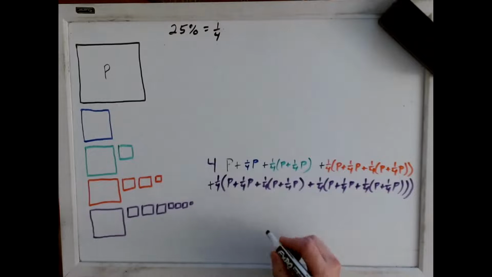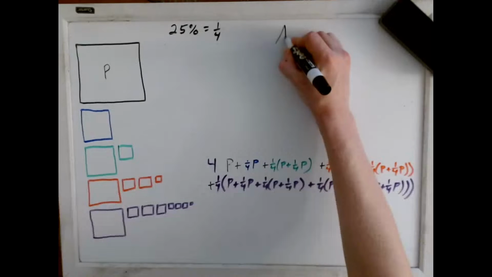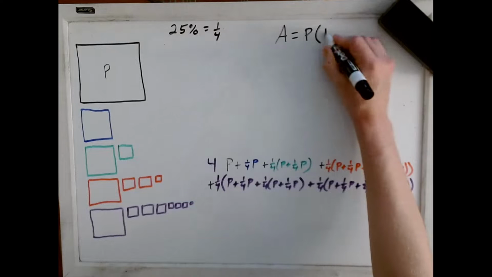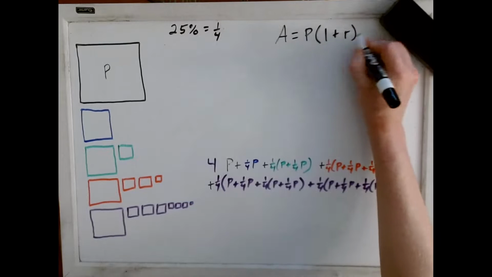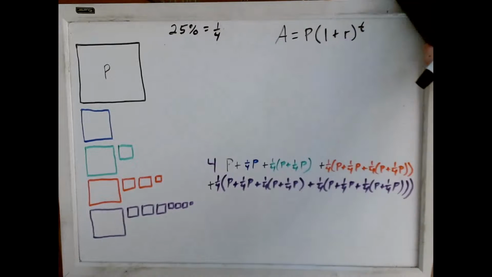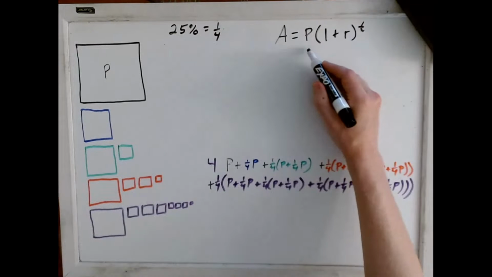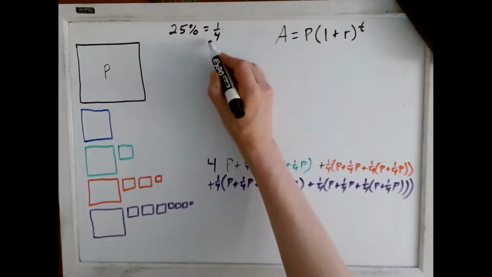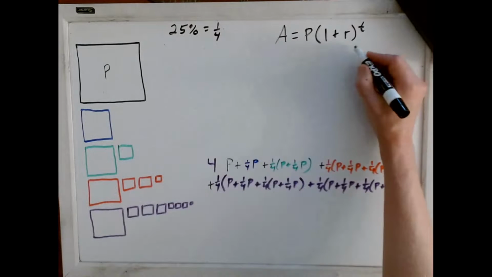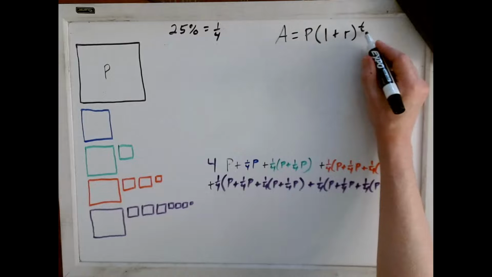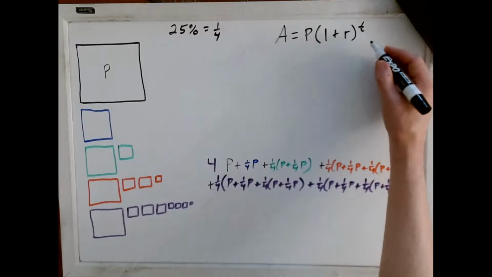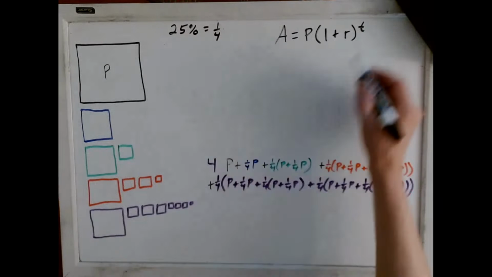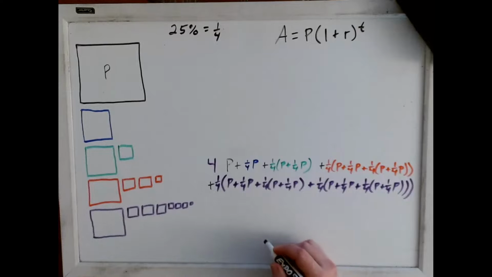We want to relate this to the formula that we get if we search online for compound interest: the amount equals the principal that we start with times 1 plus the rate, which is 1/4, or 25%, raised to the time, which is the number of years. This is a yearly rate that we're working with here.